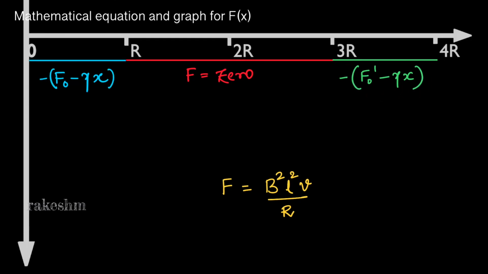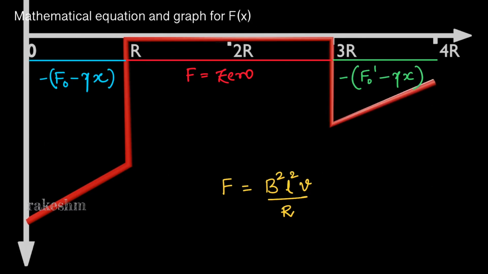Now as the force points towards left, which we have seen, I am putting a negative sign here and here. So let us have a look at the graph. From 0 to R, we can see it's a linear function. It is decreasing and has a negative value. Then its value is 0, and after that it again decreases linearly.